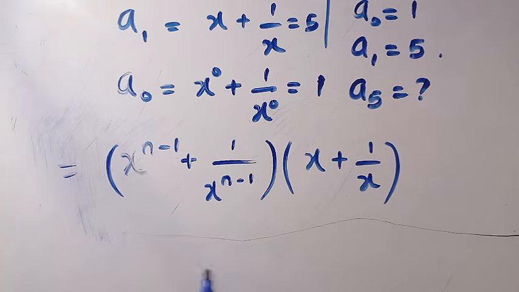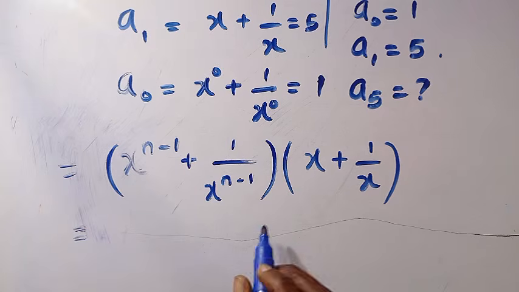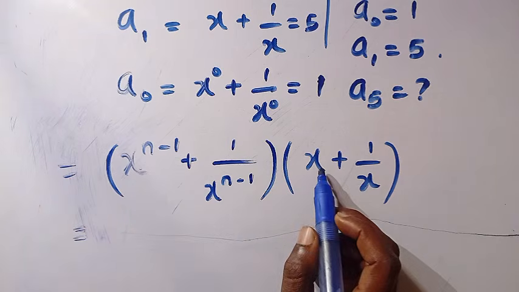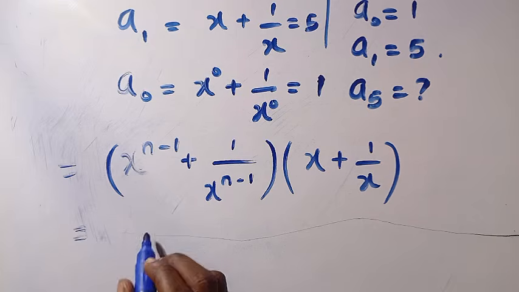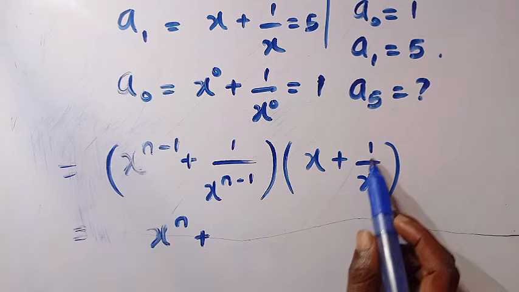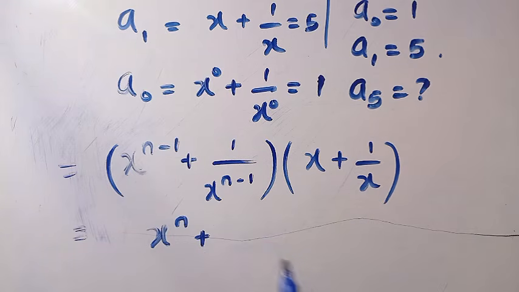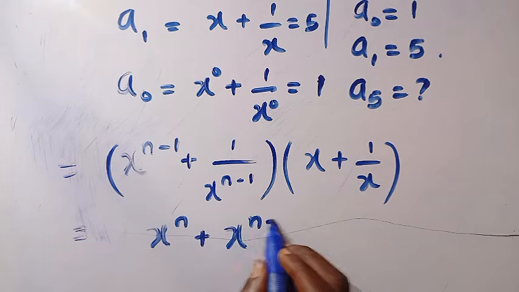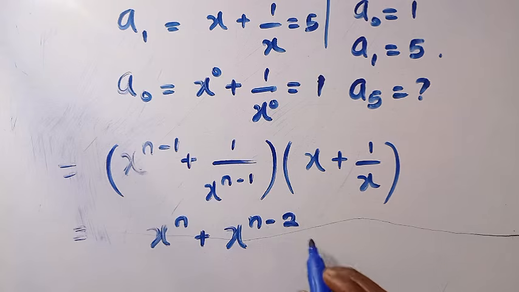Multiplying this together, we are going to have x raised to the power n minus 1 multiplied by x. This gives us x raised to the power n, then plus x raised to the power n minus 1 multiplied by 1 divided by x. This gives us x raised to the power n minus 2.